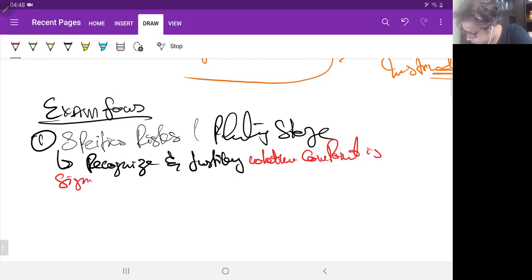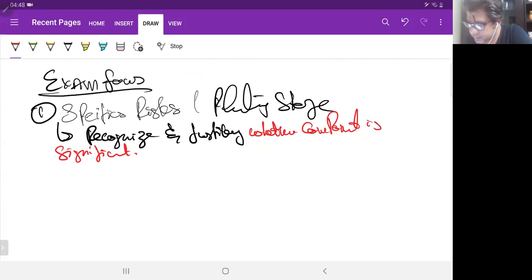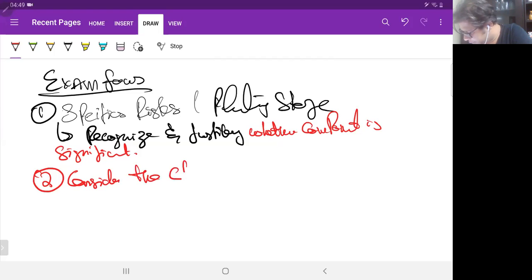Number one. Number two, consider the classification risks from a component or other unusual significant risks arising in relation to the component.